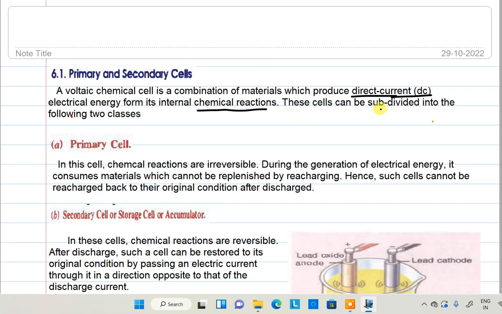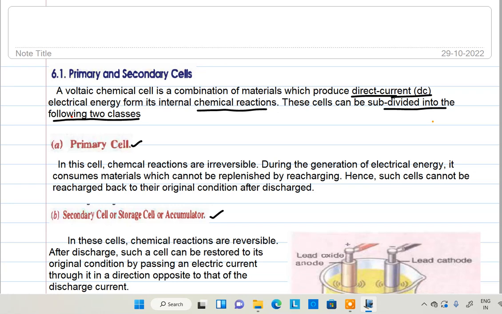These cells can be subdivided into two types, two classes. What are the two types? The first one is a primary cell, the second one is a secondary cell. A primary cell cannot be recharged. Once you use that primary cell, the chemical reaction cannot be reversed. That means once you use a primary cell, we can throw it away, use and throw.